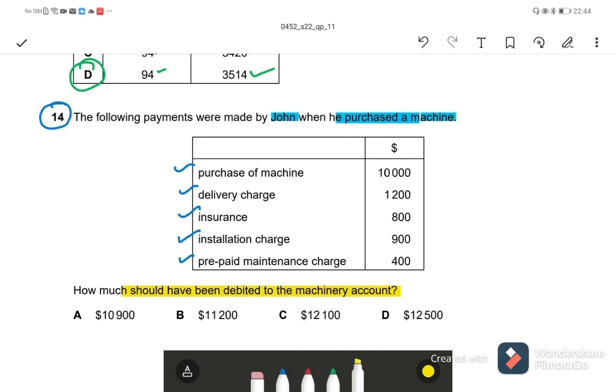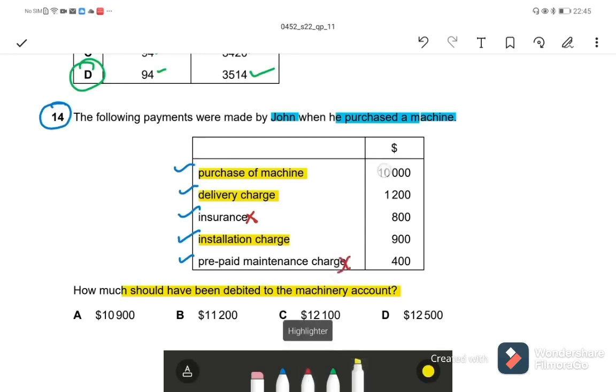How much? Here, purchase of machine is part of capital expenditure. Delivery charge is part of capital expenditure. But insurance is not part of capital expenditure. Installation charge is part of capital expenditure. Prepaid is not.